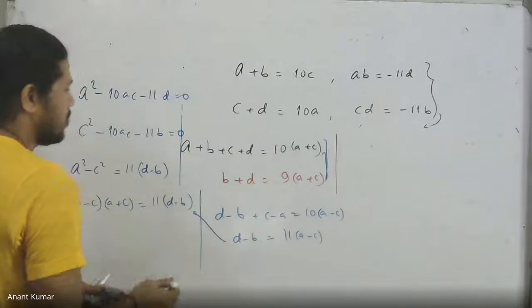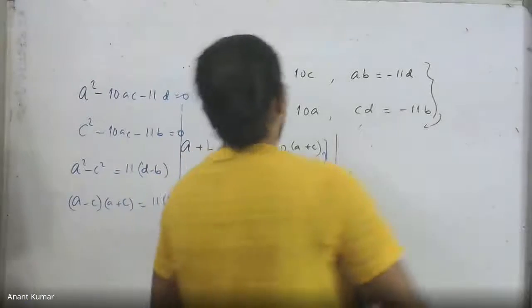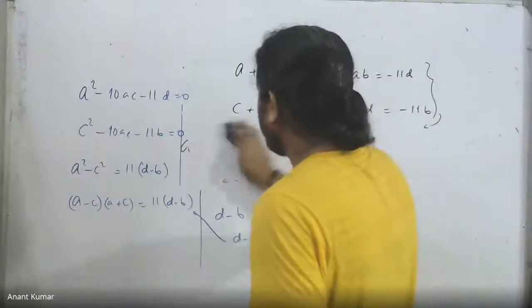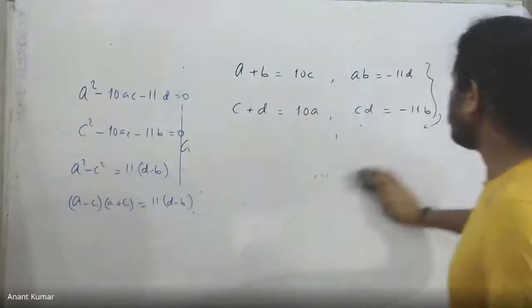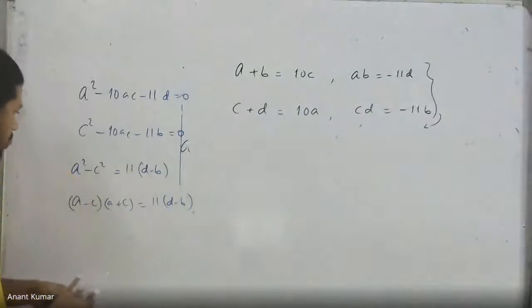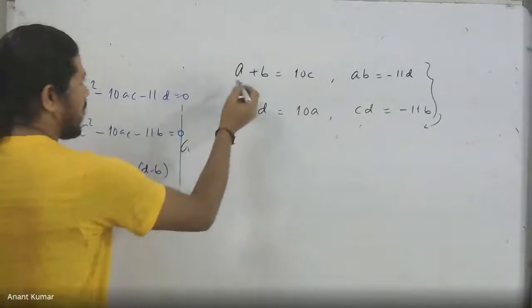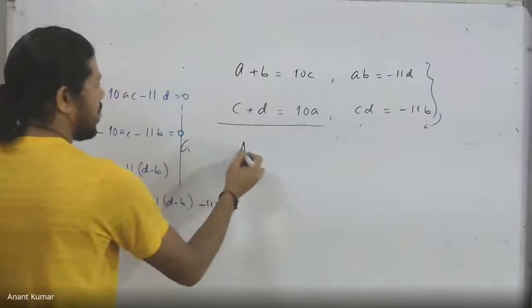That's fine. Let us wait, we start from the beginning. This one is one relation you've got. So now over there we just add these two equations, add and subtract.